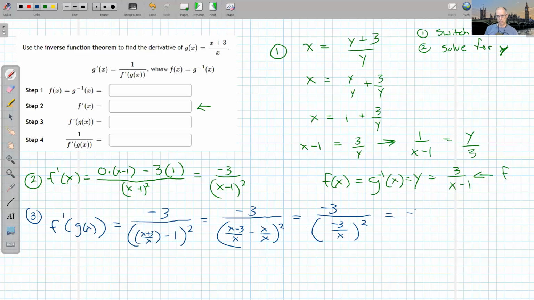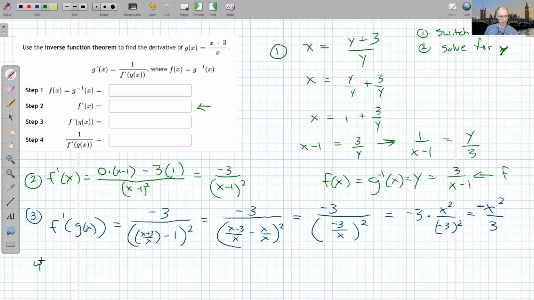So that's going to be negative 3 times x squared over 3 squared. And that's going to be positive. That stays negative. So it looks like I get negative x squared over 3. That's right. Step 4 is to then just flip that, if you want to break it down.